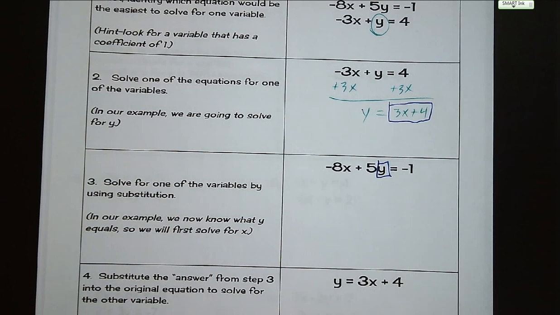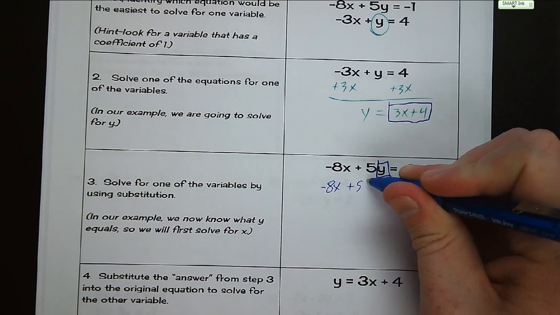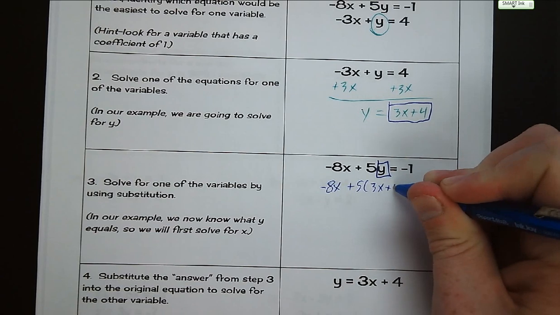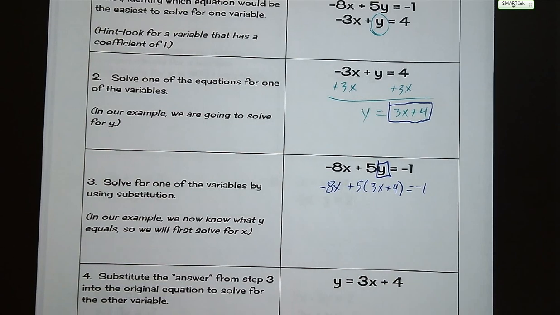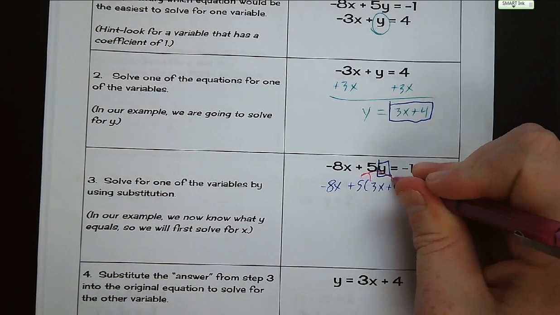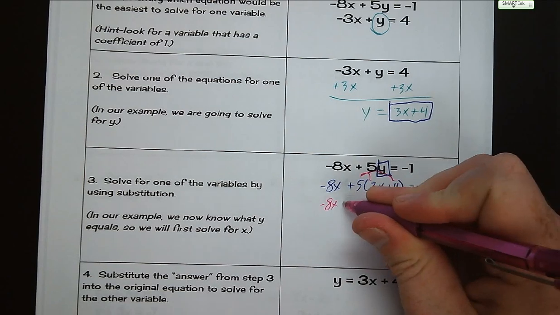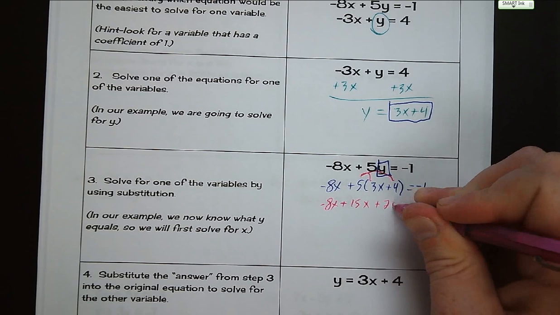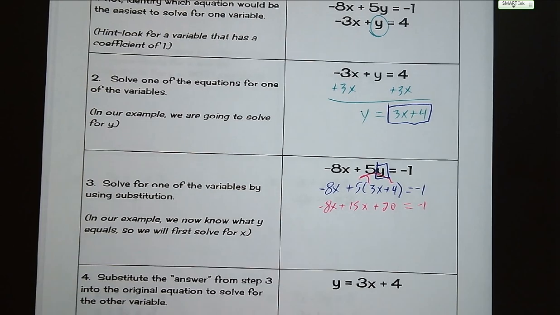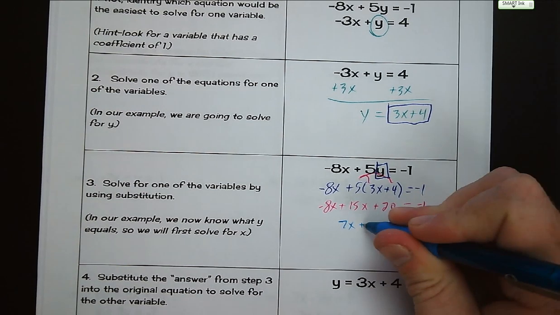So negative 8x plus 5 times 3x plus 4 equals negative 1. So our first step, distributive property: negative 8x plus 15x plus 20 equals negative 1. Negative 8 plus 15 is 7x plus 20 equals negative 1.